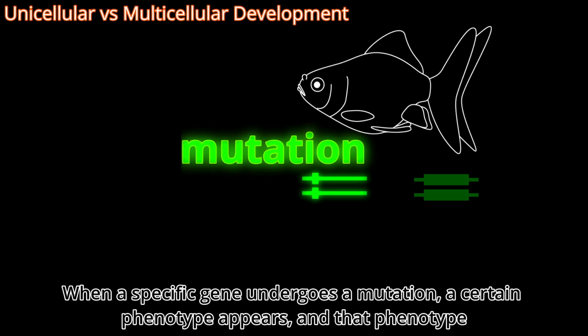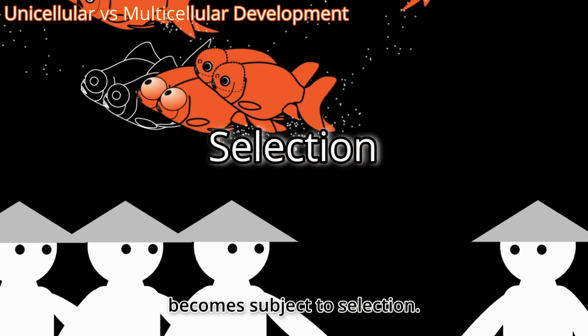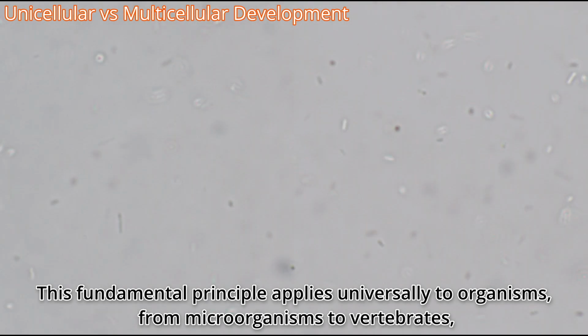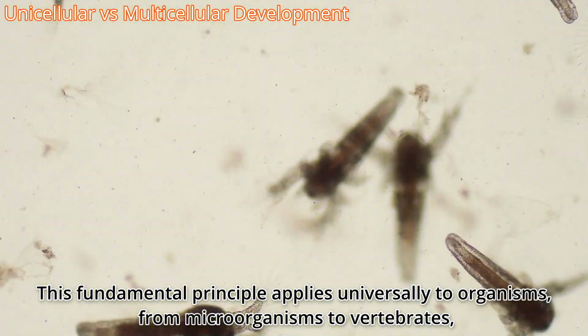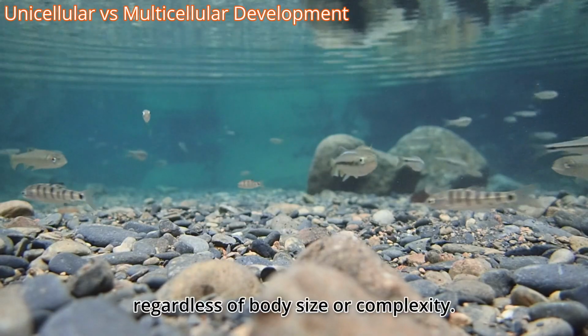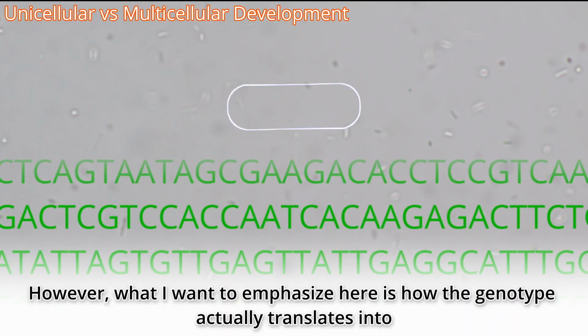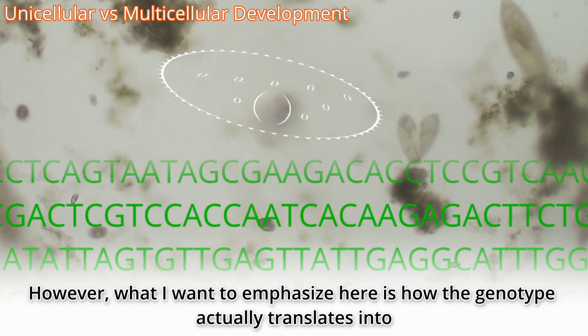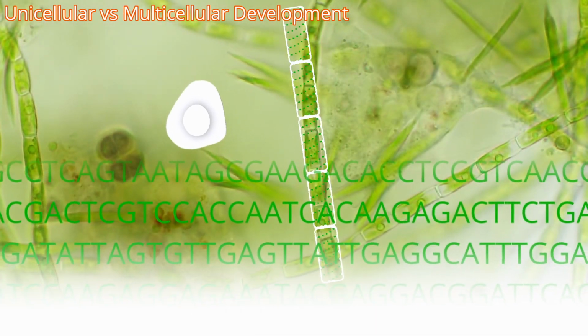When a specific gene undergoes a mutation, a certain phenotype appears, and that phenotype becomes subject to selection. This fundamental principle applies universally to organisms, from microorganisms to vertebrates, regardless of body size or complexity. However, what I want to emphasize here is how the genotype actually translates into the phenotype.